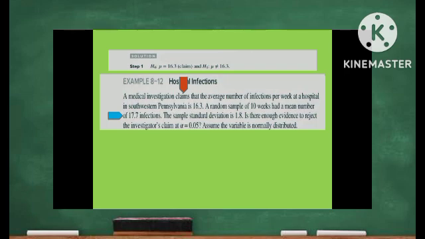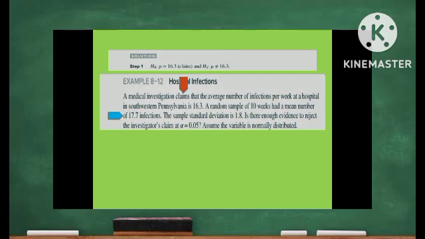Our solution has steps. Step 1, we need to find our two hypotheses, hypothesis 0 and hypothesis 1. Hypothesis 0 is that the mean equals 16.3. 16.3 is the claim in our given question, that the average number of infections per week at the hospital in southwestern Pennsylvania is 16.3.